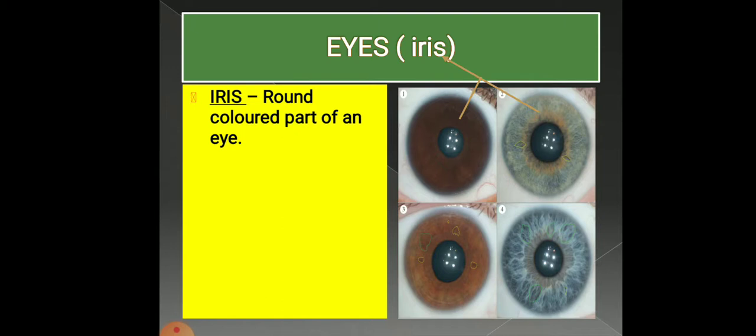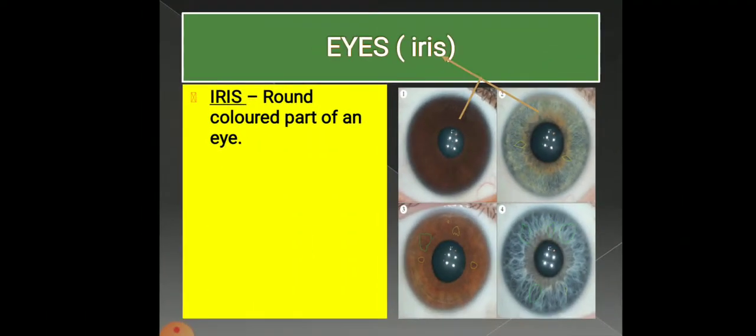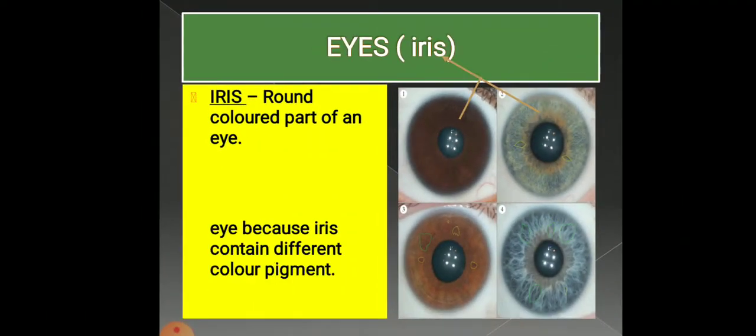Got it? So the round colored part of an eye is known as iris. I have shown it to you in this picture that you can see the different colors of the eyes here. And the people are having different colored eyes because of the color pigment in them.